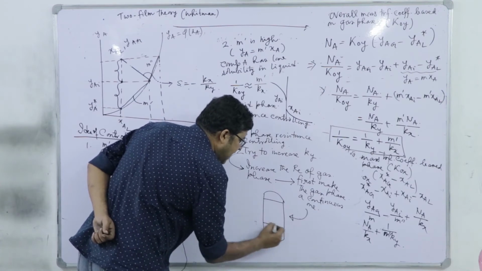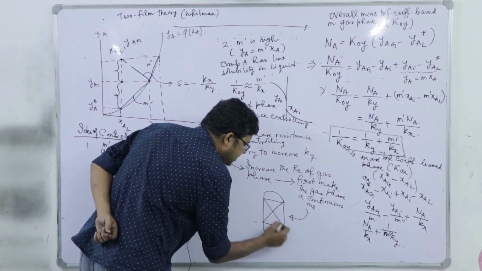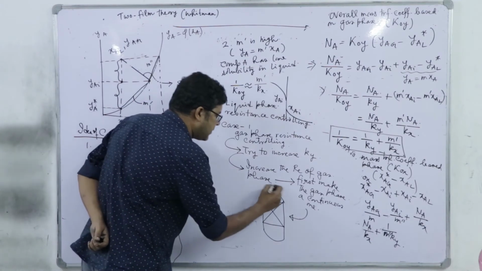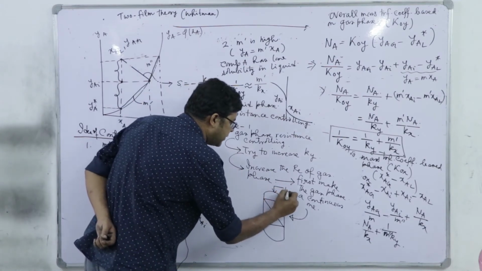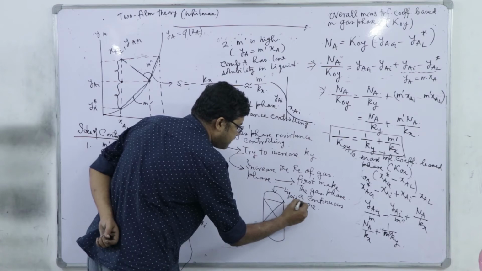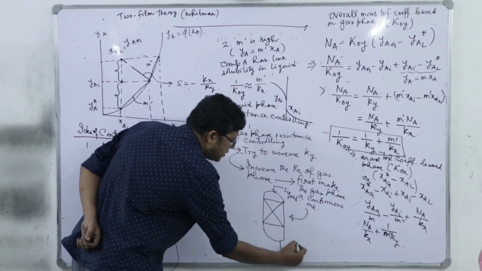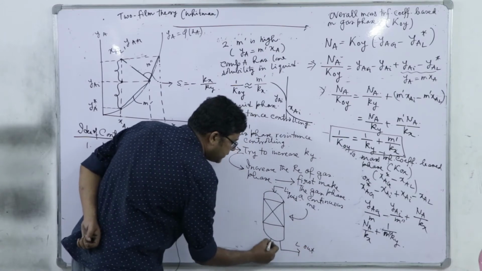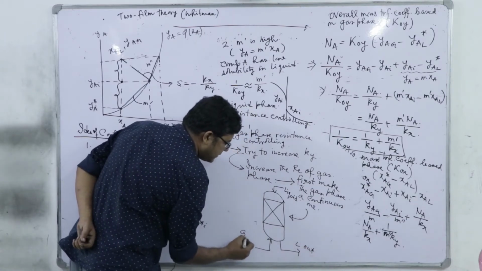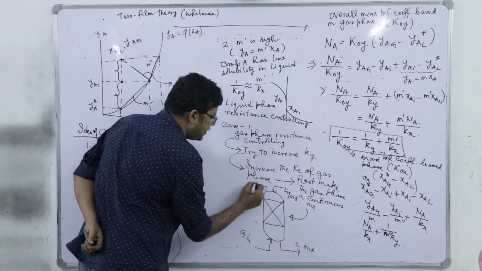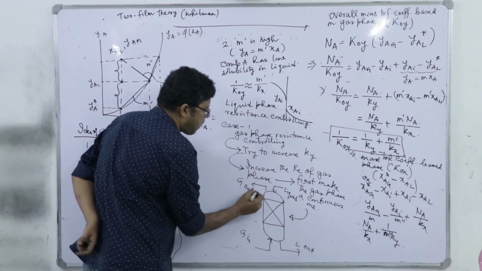We have a packing, it may be random packing, it may be a structured packing. Here we are delivering the liquid, right, the solvent or whatever, and liquid in, liquid out, L out. This is gas in, and here we have gas out.